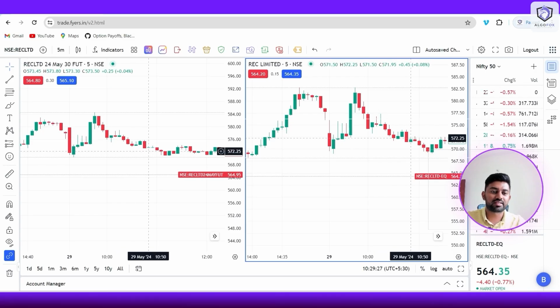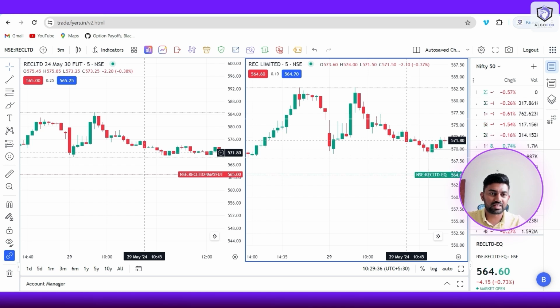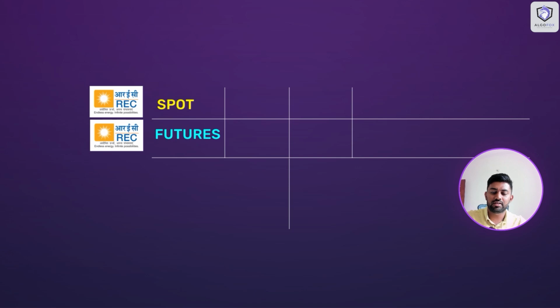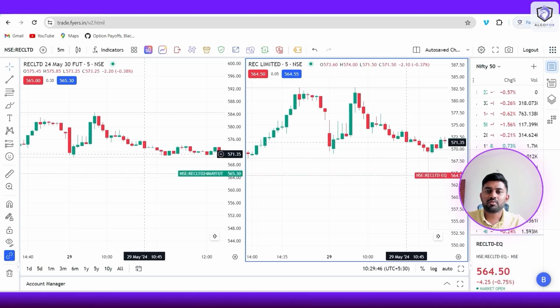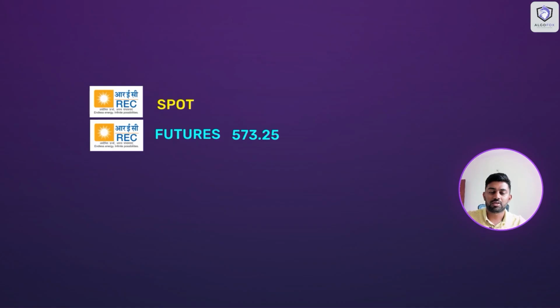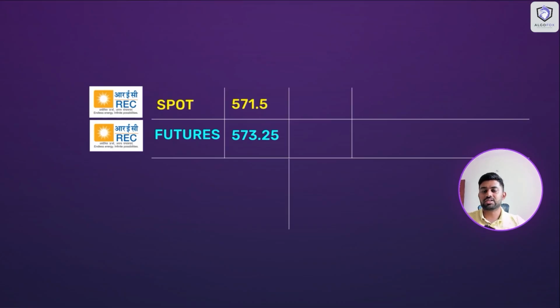Coming back to it, at any given time, let us say maybe at 10:45, the closing price of futures was 573.25. And for spot, it is 571.50. Now, look at the difference. Look at the premium.